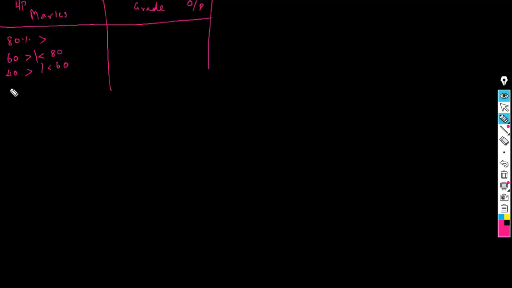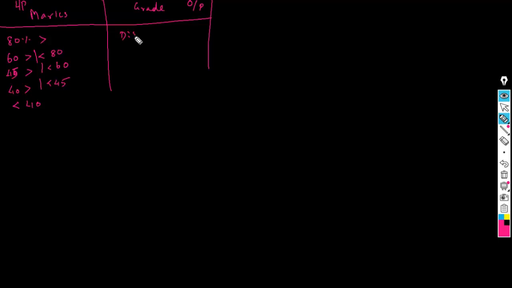Next one is 40 percentage. Here, let me make it as 45. 40 percentage above, but lesser than 45 percentage, and lesser than 40 percentage, what I have to do.